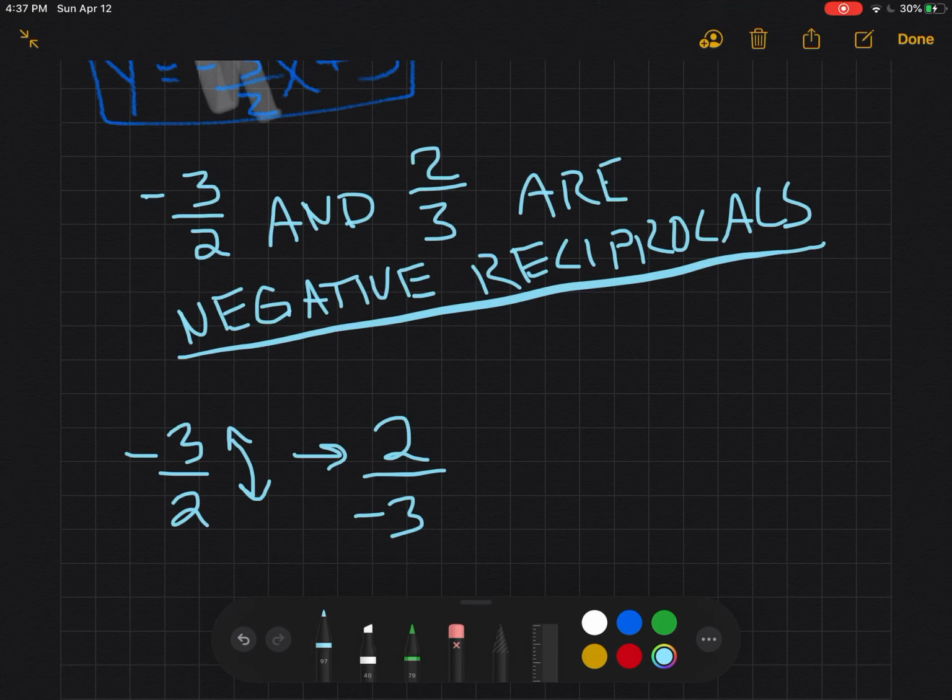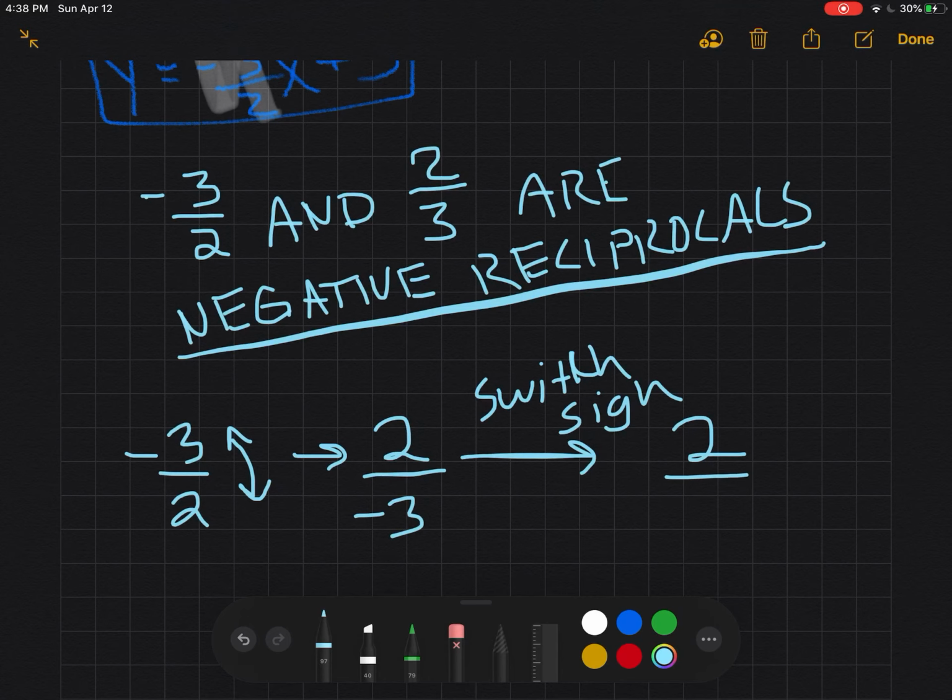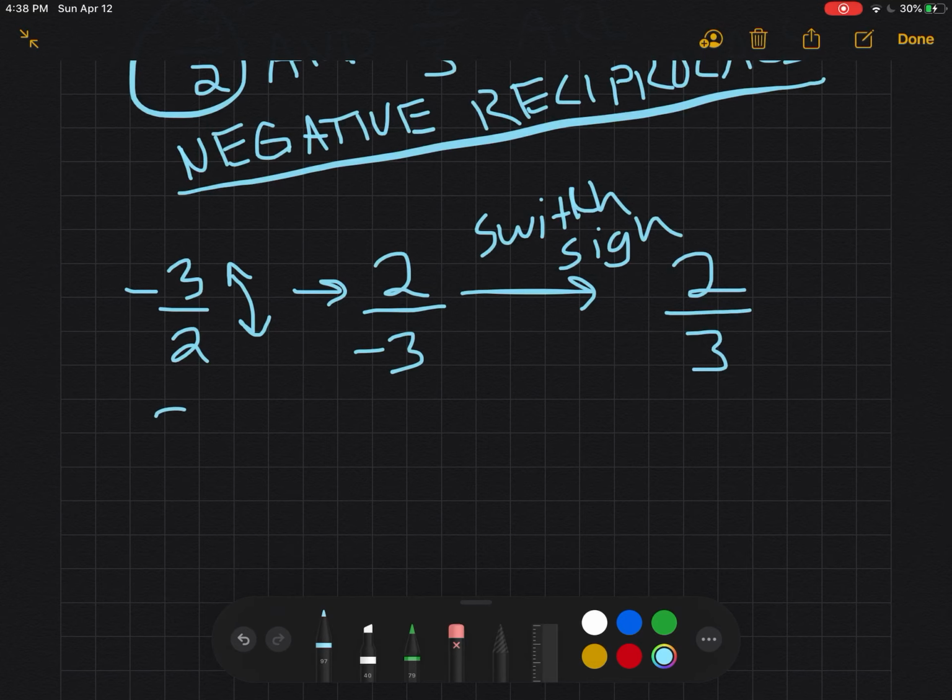So what that means is if I take -3/2 and I switch the numerator and denominator, that gives me 2/-3. Then I switch the sign, and that gives me 2/3. So if I start with -3/2 and I take the negative reciprocal, I get 2/3.